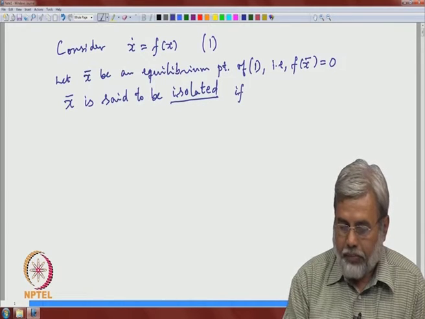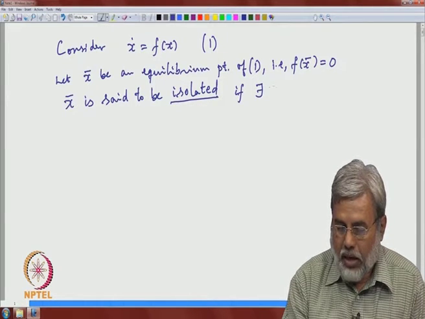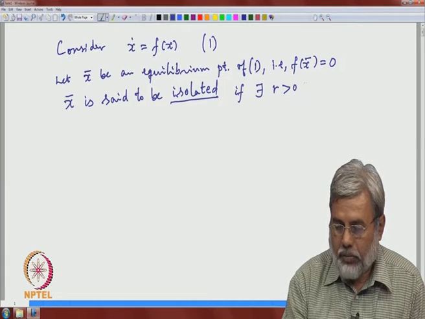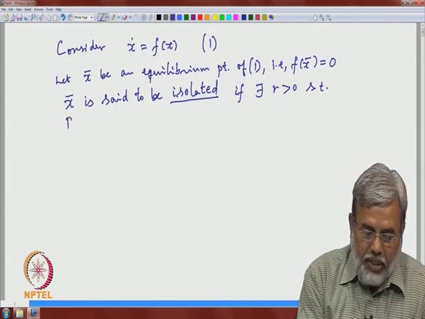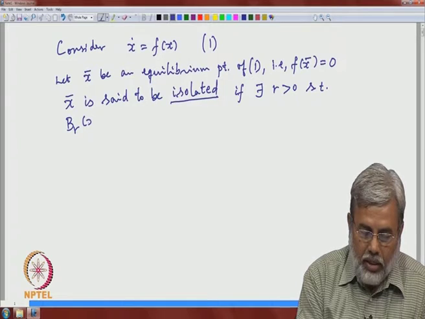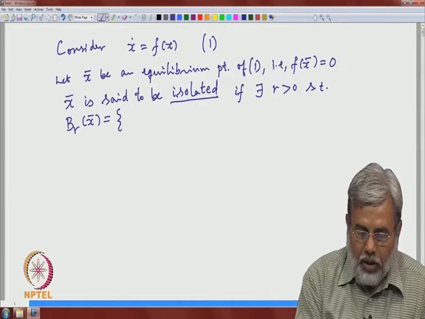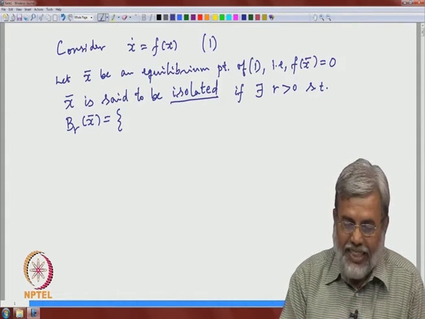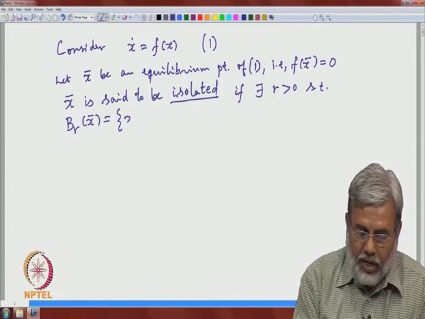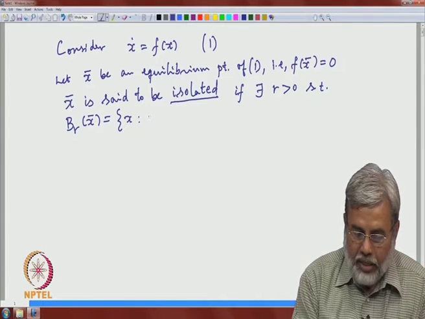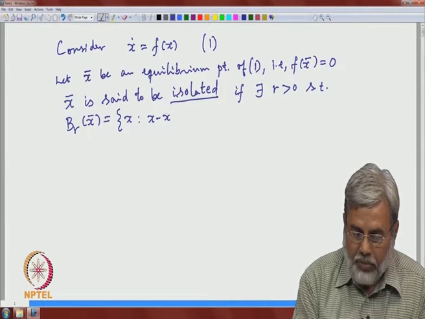If there exists a positive r such that, so I introduce a notation here, B r of x bar, which is what we call the open ball centered at x bar with radius r. So, this is the set of all x in R n whose distance from x bar is less than r.